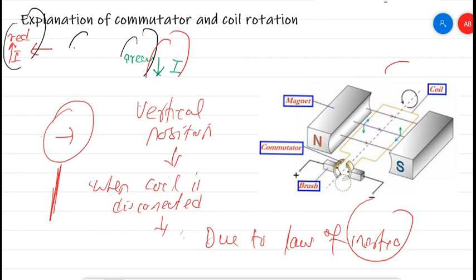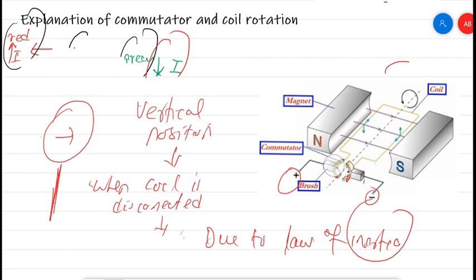The same thing happens with this one. Moving in vertical motion, it disconnects, and after a few moments, due to the law of inertia, it connects to this one. In this same way, both end points of the commutator change. The sides will be changed, but the direction of current will not be changed.